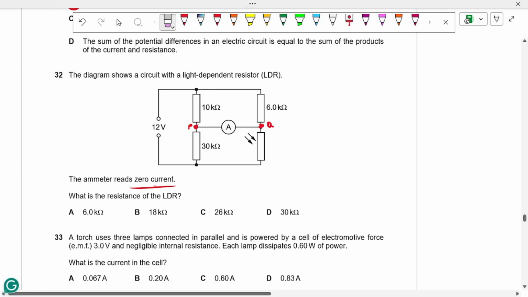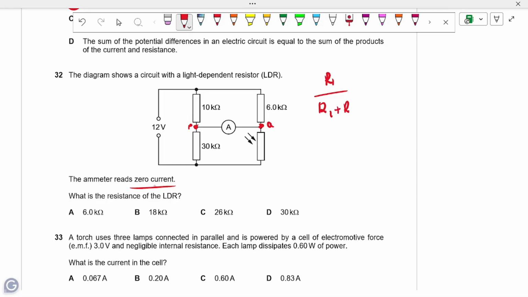So I want to figure out, how much did this take? I started with the 12, you had your little electrons running, they arrived at this junction. How much did the 10 kilo ohms take? Basically you use this law, which says that if you want to find how much one resistor gets, it's that resistance over the sum of all the resistors up until n times the total voltage that you have.